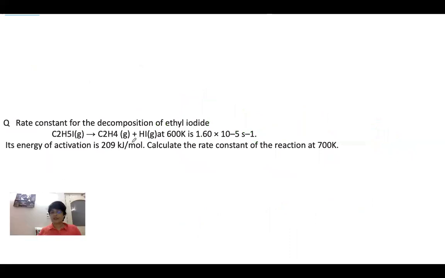Next question: the rate constant for decomposition of ethyl iodide is given at 600 Kelvin, and the energy of activation is given. You have to find the rate constant at 700 Kelvin.